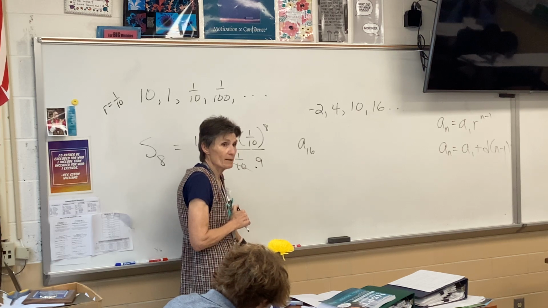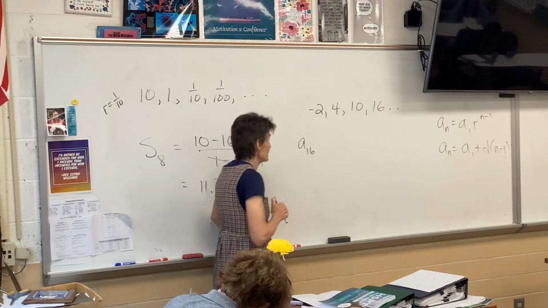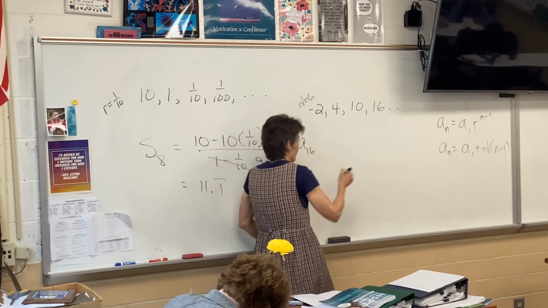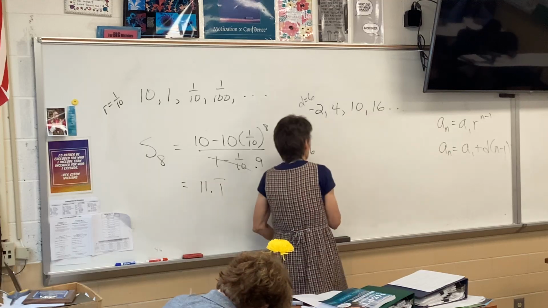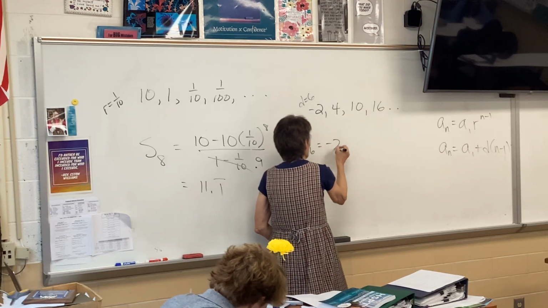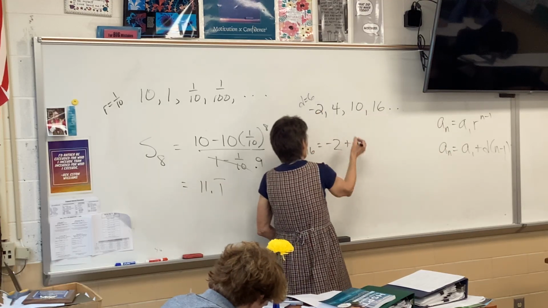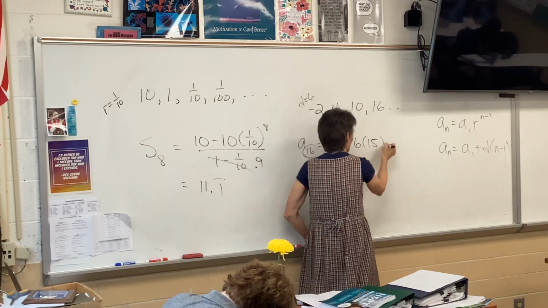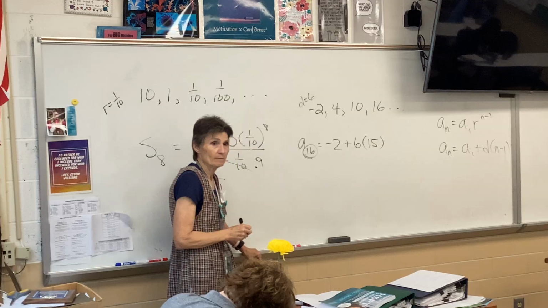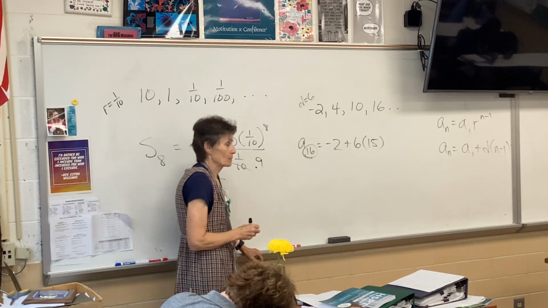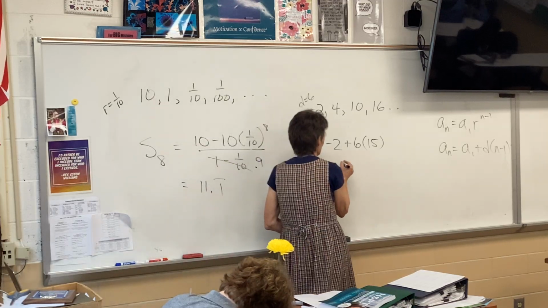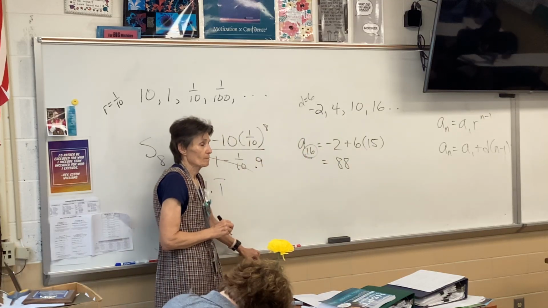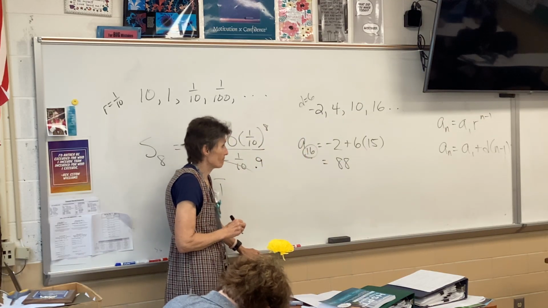Isn't this thing arithmetic? What's the common difference? 6. So using that formula right there, the first term is -2. The difference is 6. And n minus 1 will be 15. So our answer is 88.